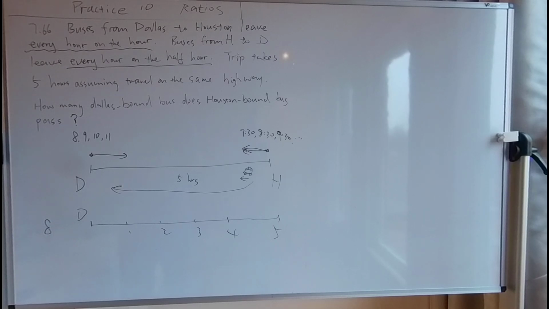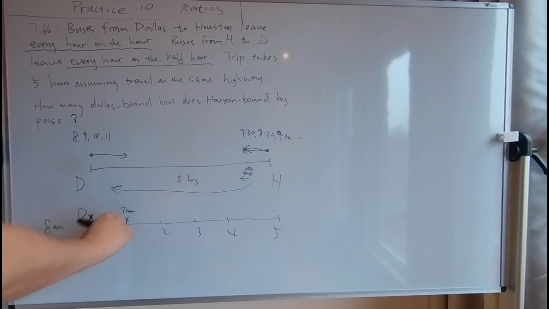Because eventually it takes 5 hours for a Dallas bound bus to reach Houston. So if I'm at 8 a.m., there is a bus preparing to depart. That means an hour ago, the 7 a.m.